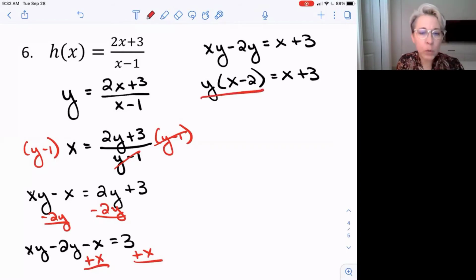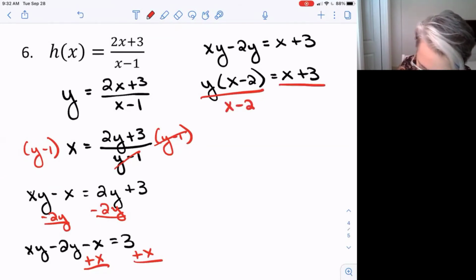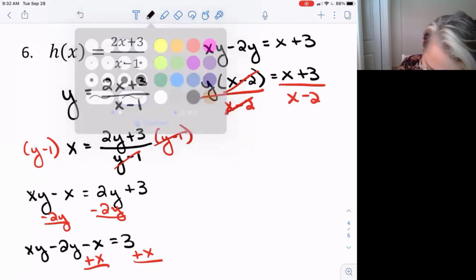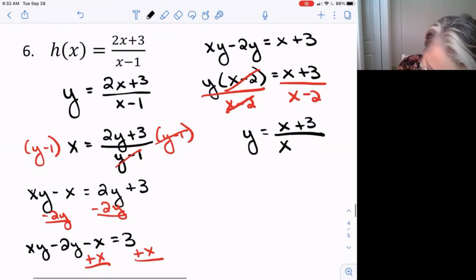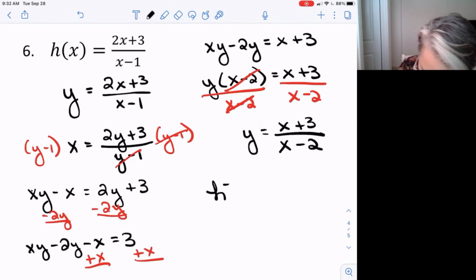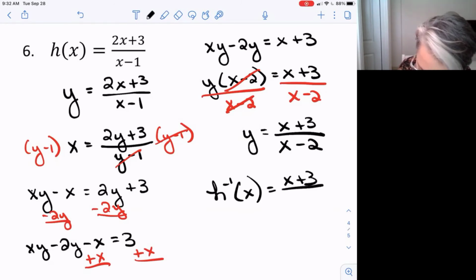Since y is being multiplied by that binomial, we can now divide both sides by that binomial. They divide out on the left, and we get y equals x plus 3 divided by x minus 2. So that would be our h inverse, our inverse function, which would be x plus 3 over x minus 2.